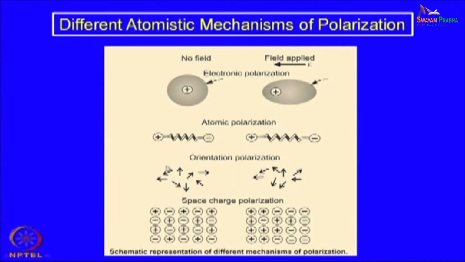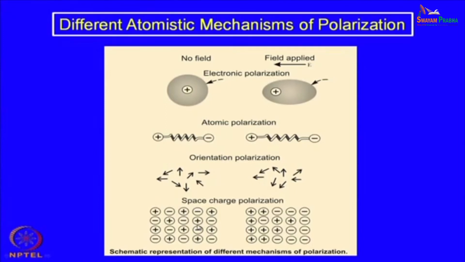From a 0 dipole moment situation, because of the randomness, where the overall dipole moment of the solid is 0, in this case because of the realignment there will be a net dipole moment. So, that is also another way the material can get polarized or respond to an applied electric field. This is the third kind, and because it involves only a reorientation of the dipole moment, it is called orientation polarization.